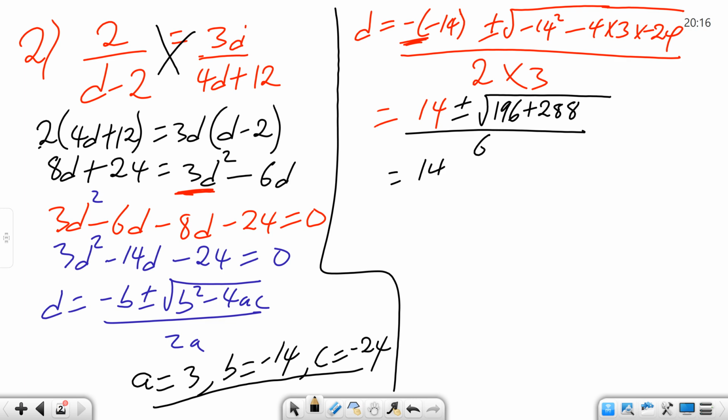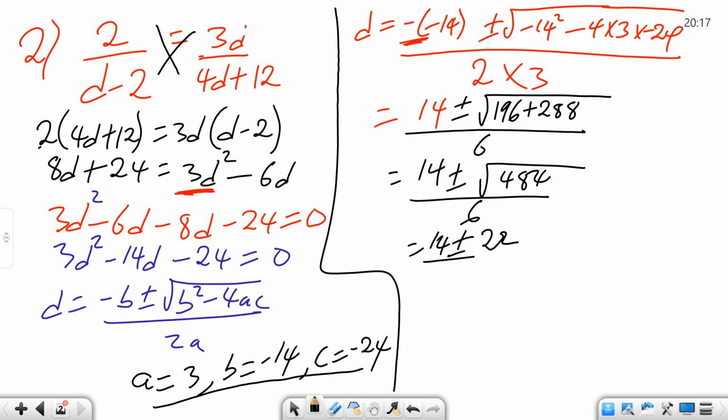So we have 14 plus or minus the square root of 288 plus 196, which gives 484, divided by 6. Then the square root of 484 is 22, divided by 6.